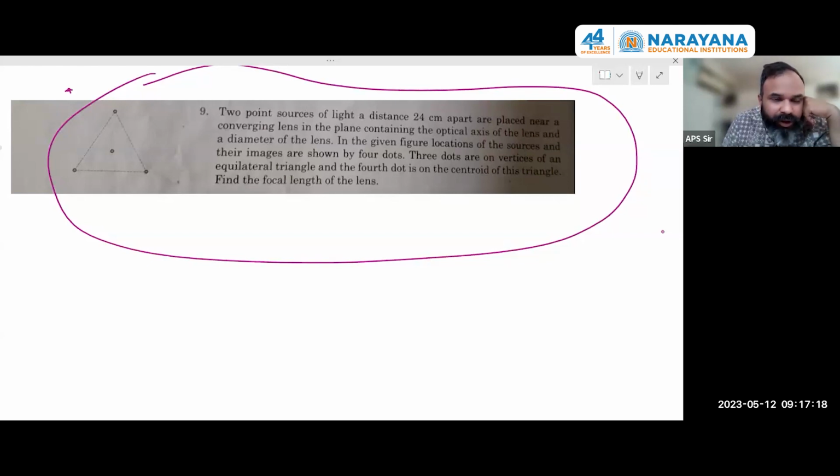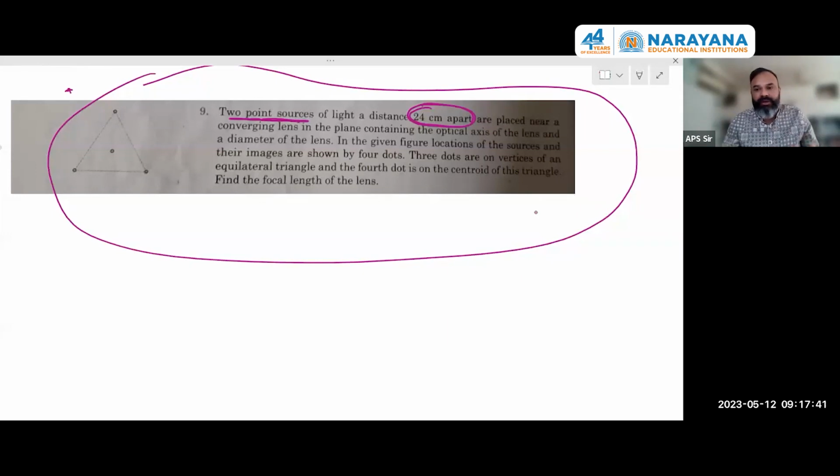They have given you an equilateral triangle and a centroid location. The data is such that there are 2 point sources of light, at a distance of 24 centimeter apart. So that is given. And then they are kept near a converging lens.